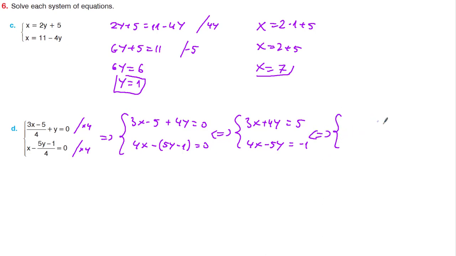Next, we do have two equations, so we can multiply both of these equations. For example, this one by 4 and by 3 actually, or let's multiply by 4 for cancelling y, and this one by 5. Now what do we have?